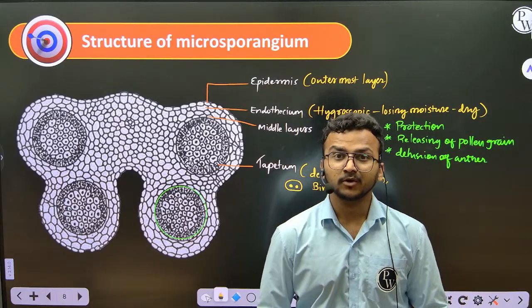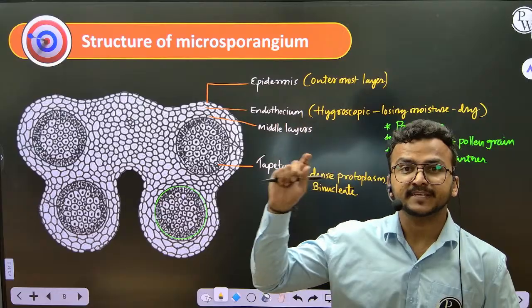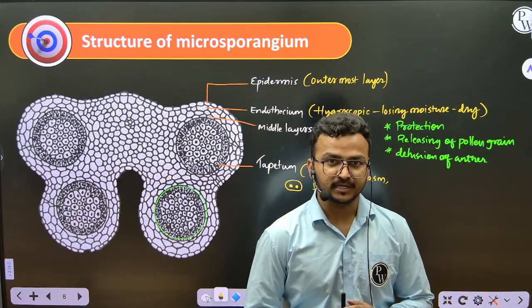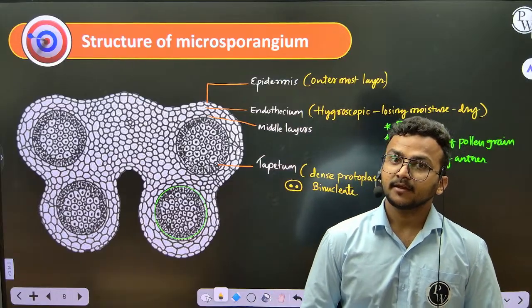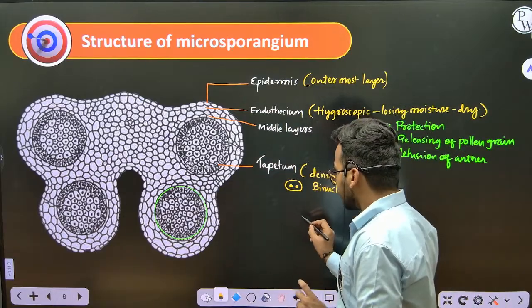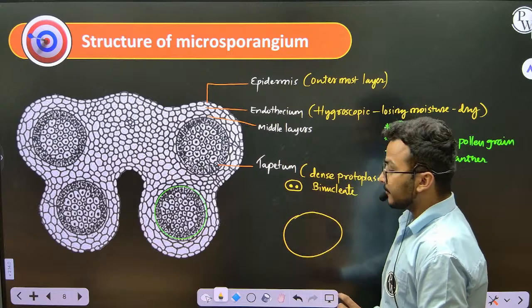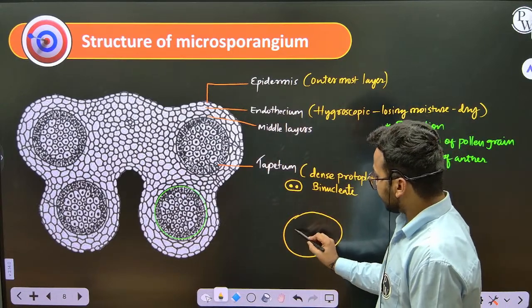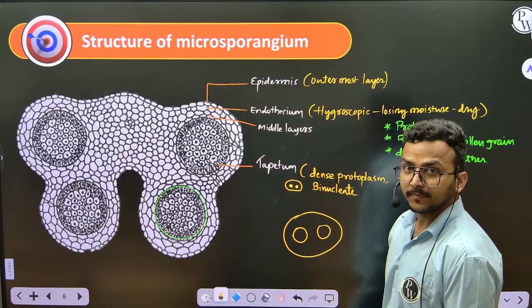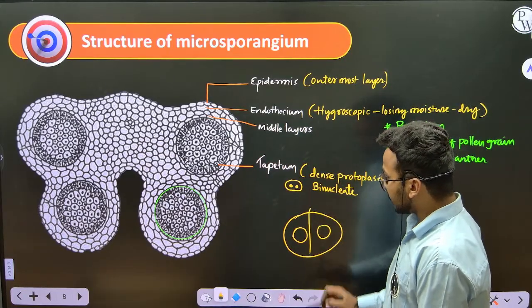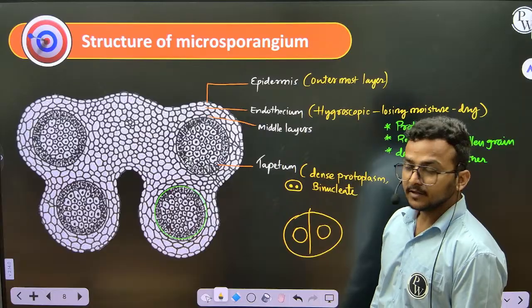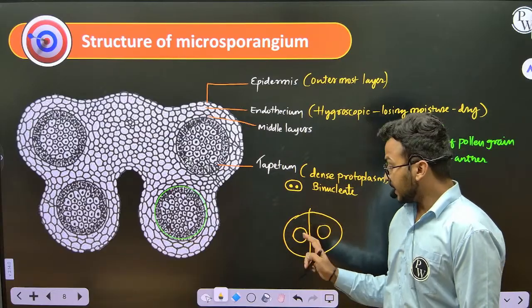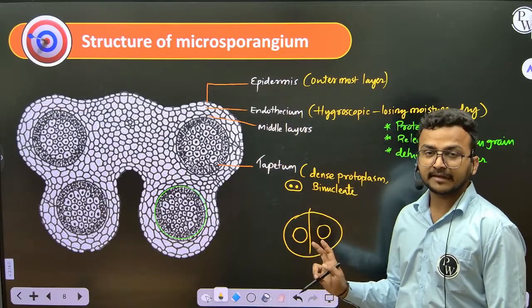You need to connect to the topic of cell cycle and cell division. When a cell is undergoing cell division, it forms two nuclei, and after that the wall formation takes place, so two new cells are formed.